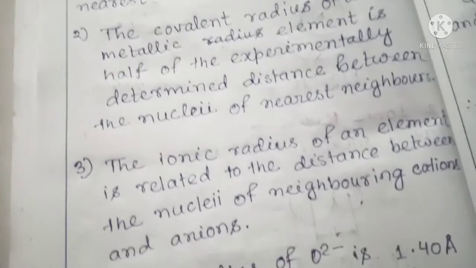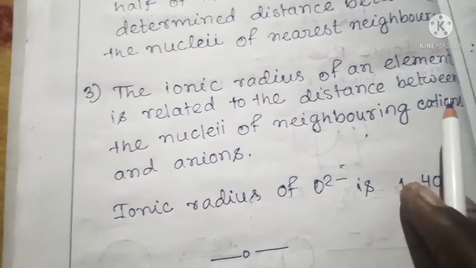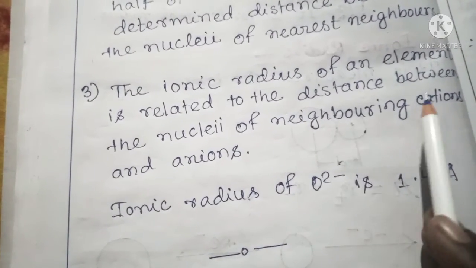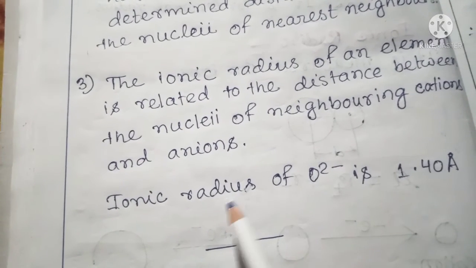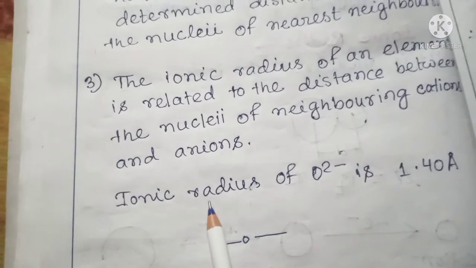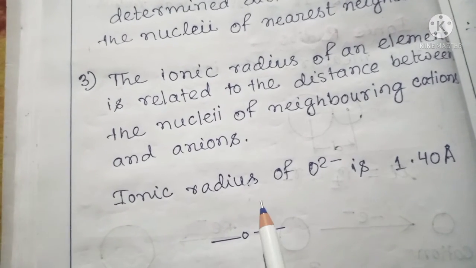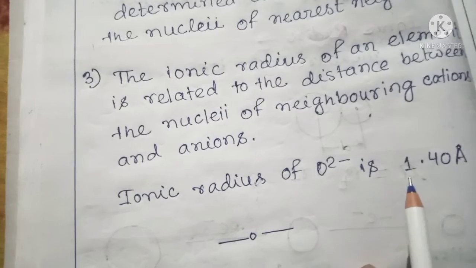And the ionic radius of an element is related to the distance between the nuclei of neighboring cations and anions. Here we can see that the ionic radius of O2 minus is 1.40 angstrom.